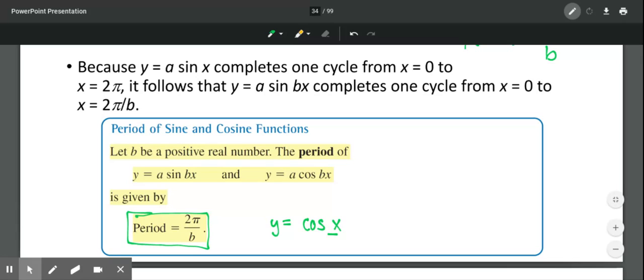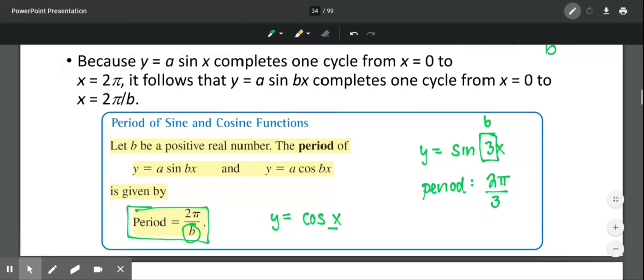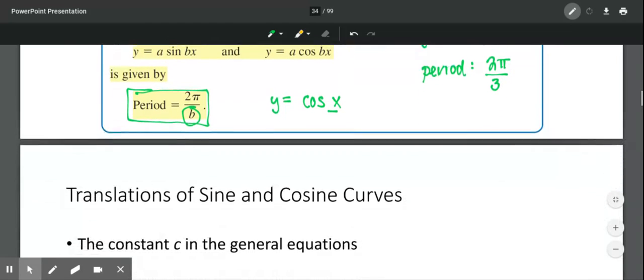So that's why your period, if you did 2 pi divided by 1, you would just get 2 pi. If we had y equals the sine of 3x, our b value would be 3. So the period, the length that it would take to get through one cycle, would be 2 pi divided by 3. It's just that b value, in this case, would shrink it up. It would make it a faster trip to get through the cycle.